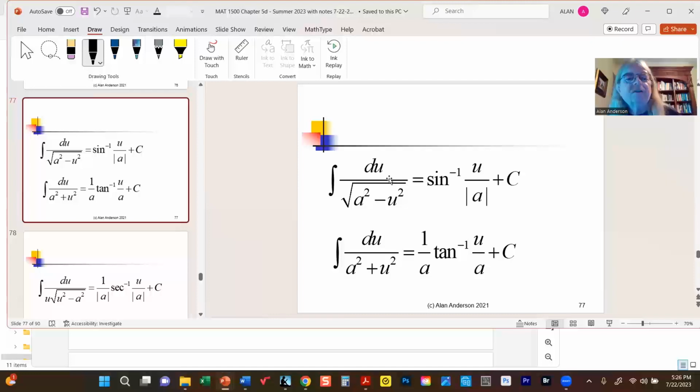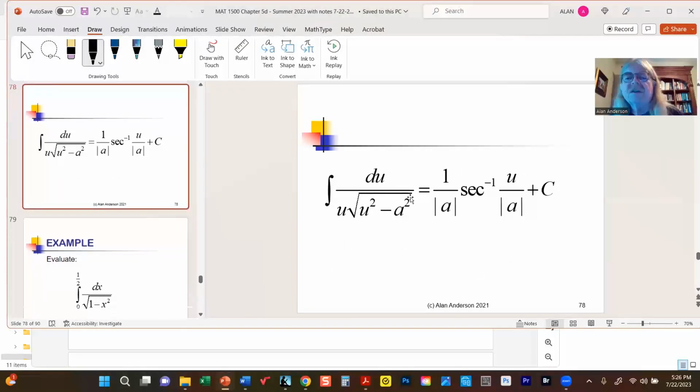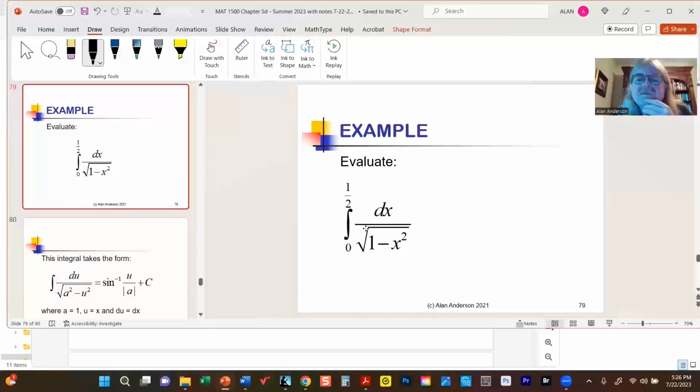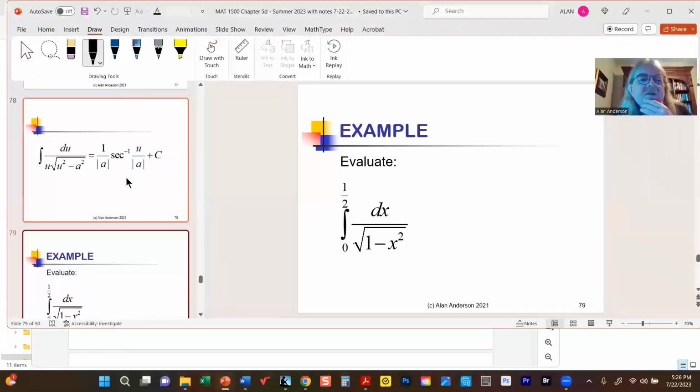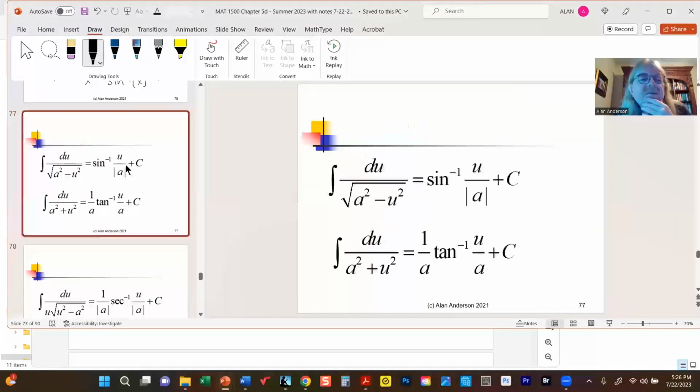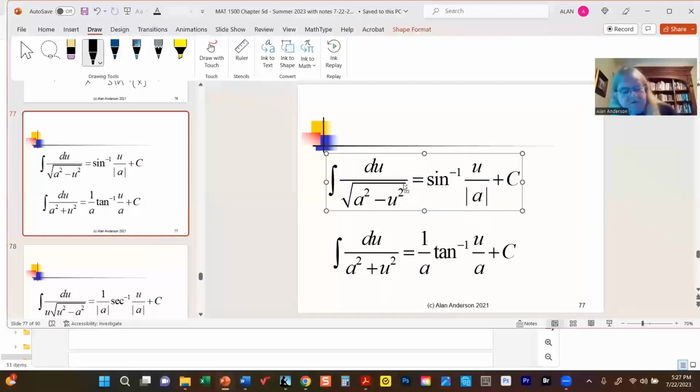So it's just up to us to recognize these when we see them. Like here's one. As soon as you start seeing square roots in the denominator and squares like this, your first instinct should be, is this one of those special integrals that involves arc sines or whatever the case may be? So let's see if it's this one.